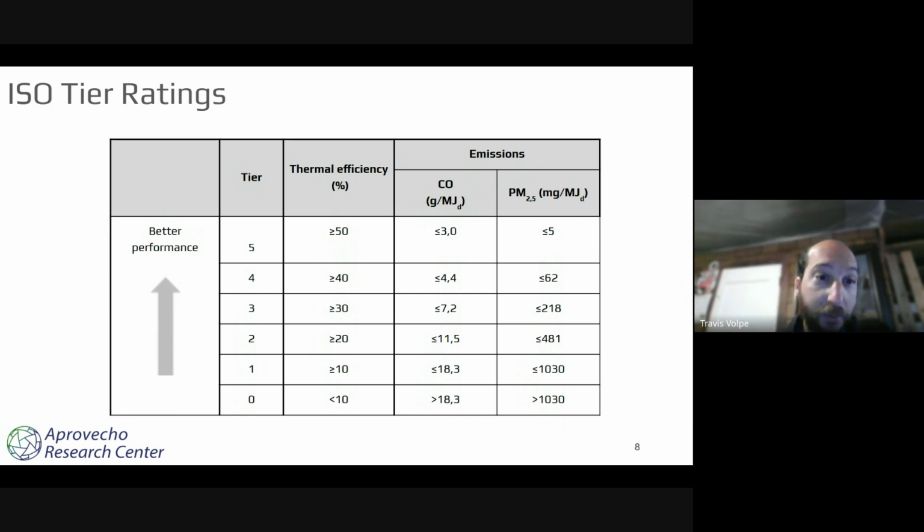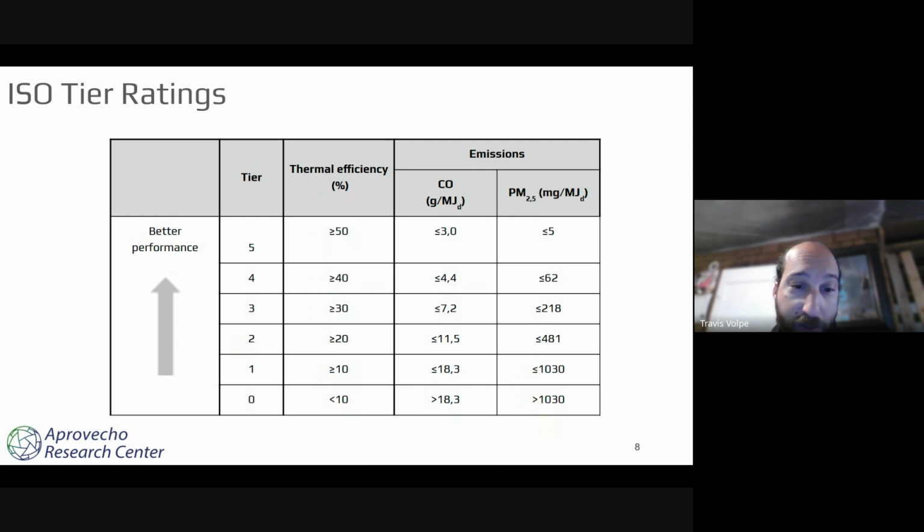The entire ISO test essentially boils down to this slide here, which are the tier ratings. So the full water boiling test is performed in the lab. We gather and then process a lot of different factors for the data that is collected. And the final calculations end up with results for the thermal efficiency of the stove and emissions of the stove. In this case, the tier ratings are based on emissions for CO, carbon monoxide, and PM 2.5.